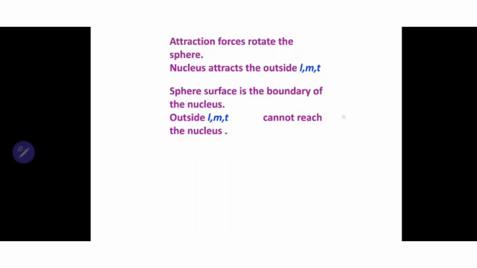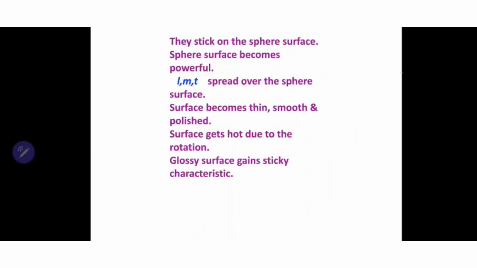Not only that, due to the attraction forces of the nucleus, the sphere starts rotating. While the sphere is rotating inside the force cube, the attracted light, mass, and time spread over the sphere surface.